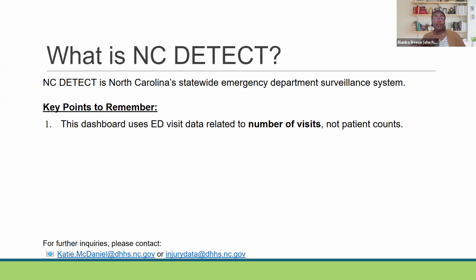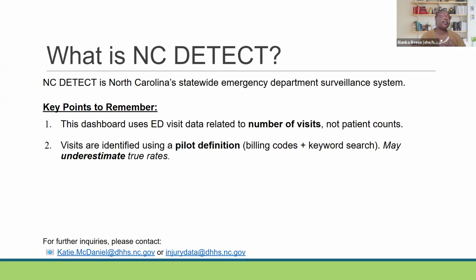I'm going to be using ED, emergency department, ER, emergency room interchangeably, but I mean the same thing, the emergency care services at a hospital usually. So again, the dashboard is based on a number of visits, not necessarily a number of people who access the emergency room for sexual violence.